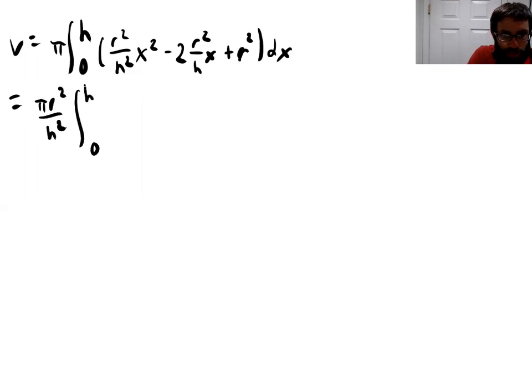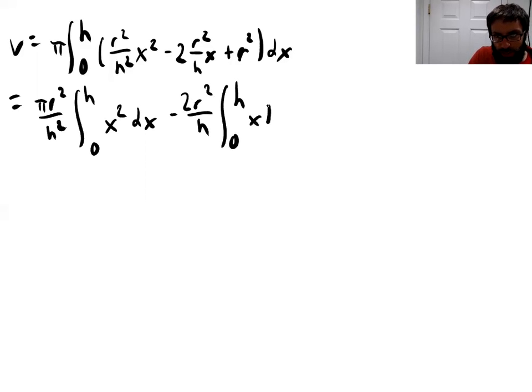So we're just going to have the integral from 0 to h of x squared dx, and then a minus 2 r squared over h, and from 0 to h of x dx. Then we have a plus r squared, integral from 0 to h of dx.